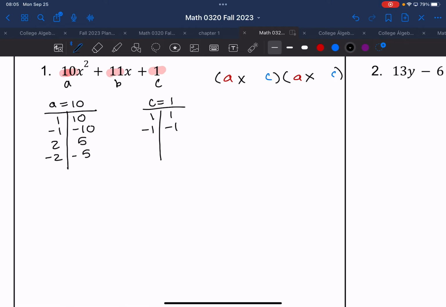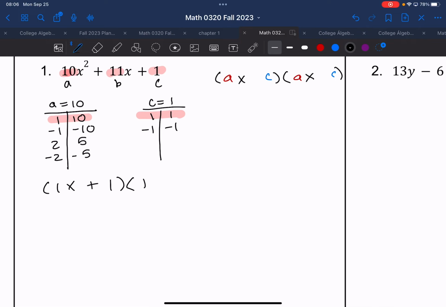Okay. So for the first one, we have 1x, right? Because we're looking at this first one right here. We have 1x plus 1, because we took 1 from the A's and 1 from the C's. So we're looking at these ones right here first.